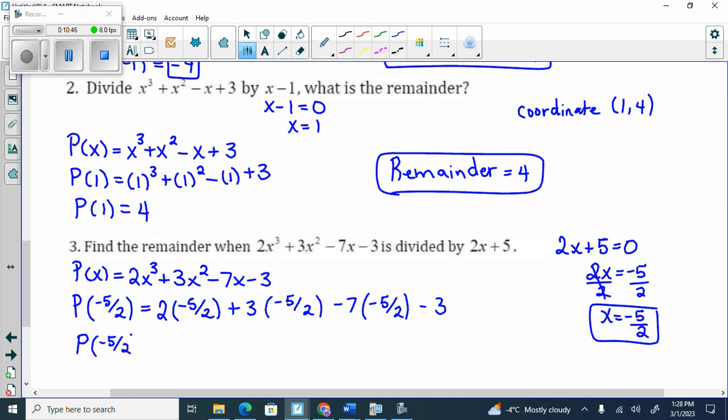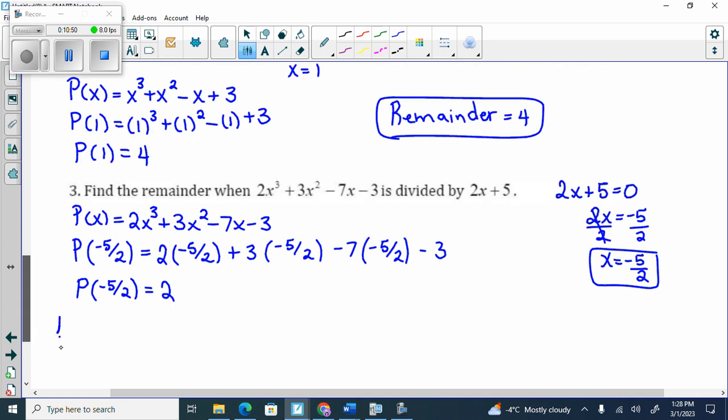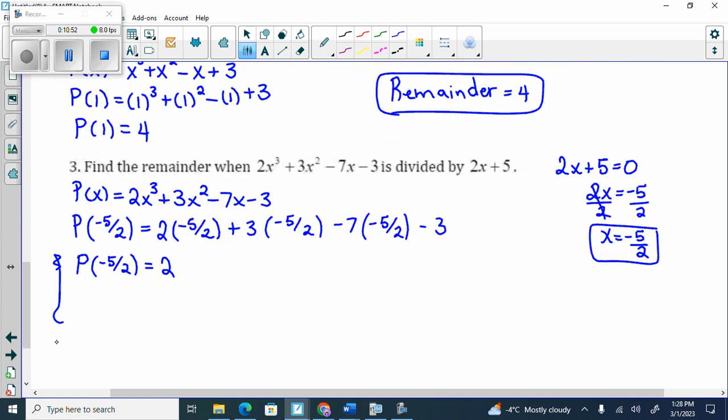It's actually kind of nice. We have a coordinate at negative 5 over 2 and 2. But what's the remainder? Remainder equals 2. And we're flipping over.